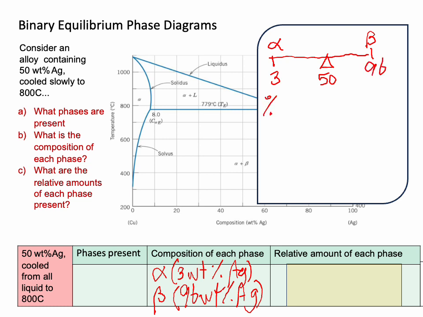So the percent alpha is the opposite from the fulcrum, opposite from where alpha is, that length, 96 minus 50, which is 46, divided by the total length, 96 minus 3. And the percent beta, 50 minus 3, which is 47, over total distance is 93. So these two are very close to 50-50.